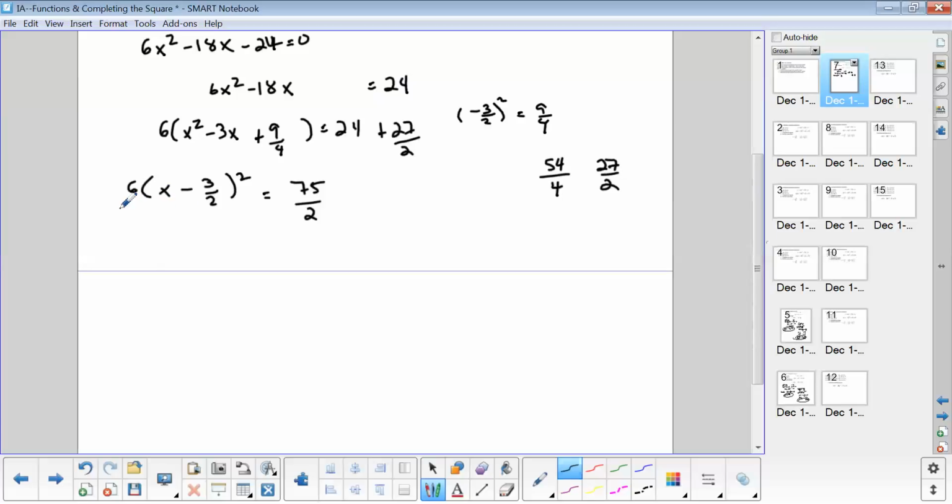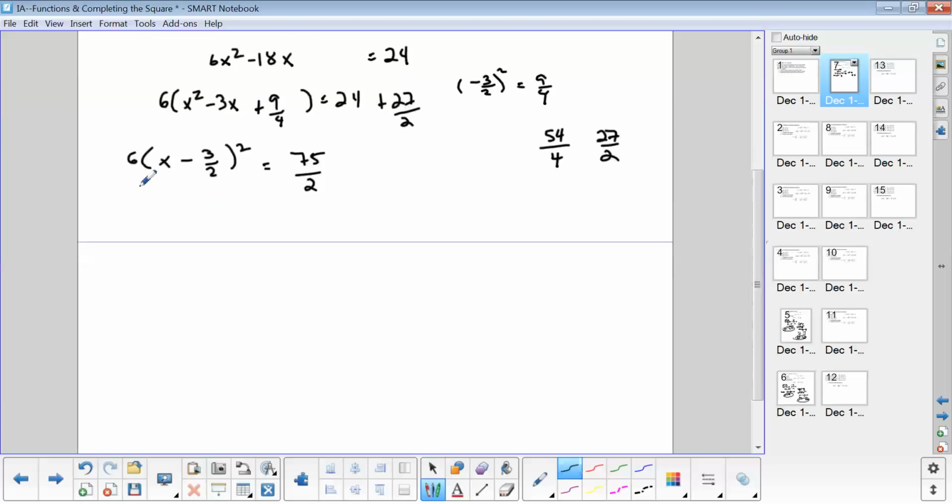So if I want to now solve this, I want to divide by 6 or multiply by 1/6. And I'm going to get x minus 3/2 squared equals 75/12.